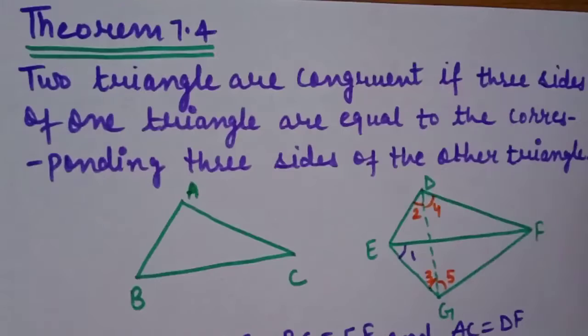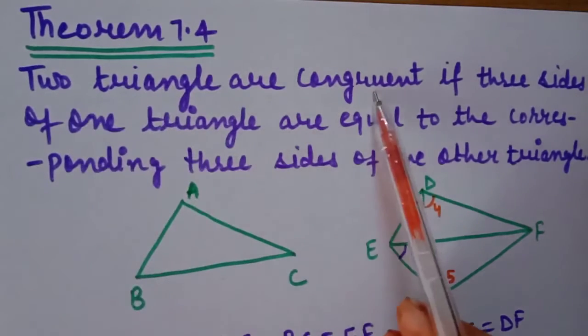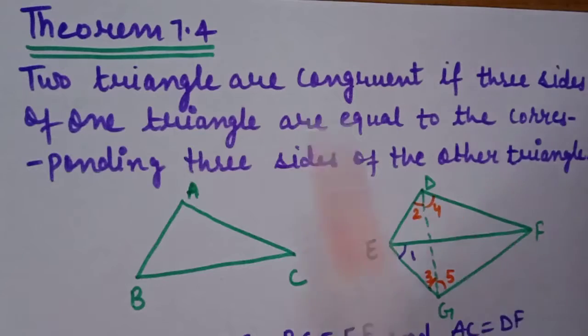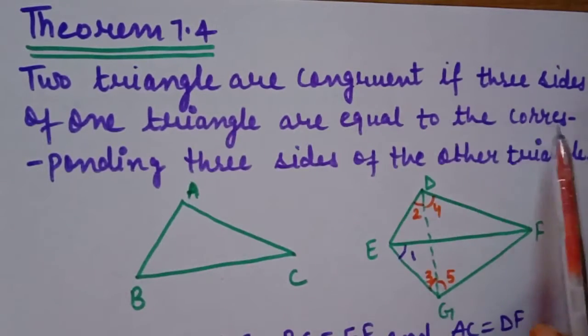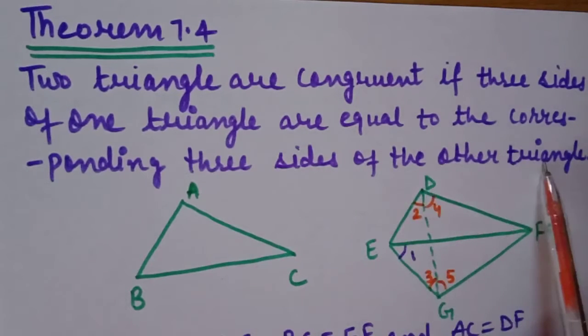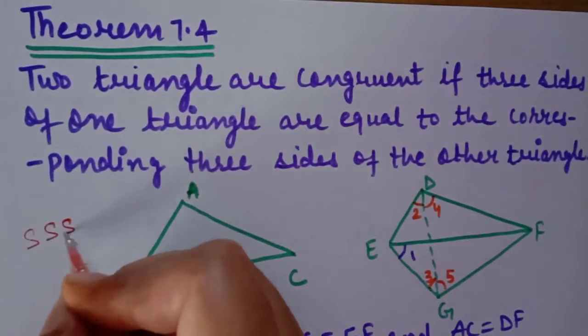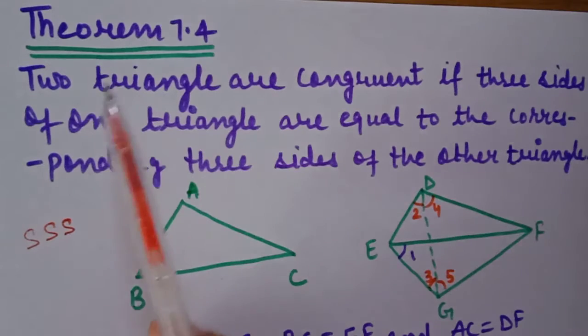7.4. Theorem 7.4 is: two triangles are congruent if three sides of one triangle are equal to the corresponding three sides of the other triangle. It means it is very clear. It is the SSS congruence rule. So what is the statement?